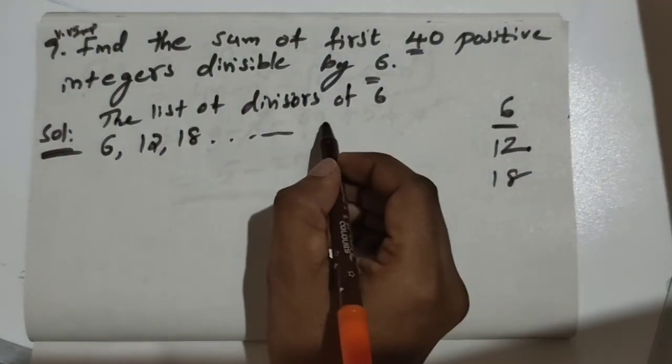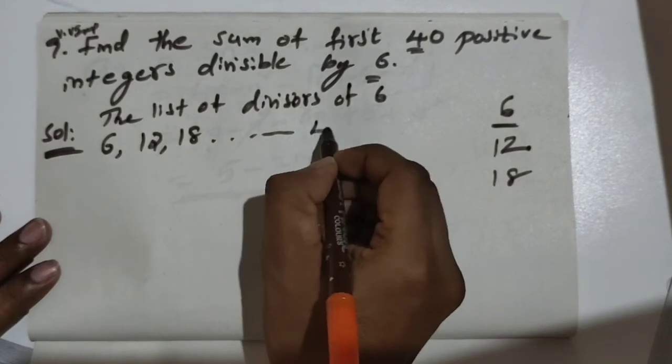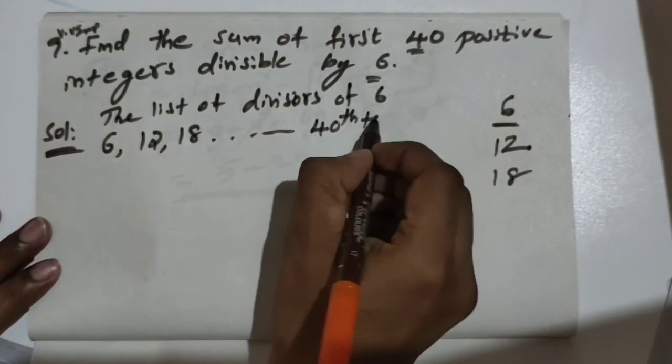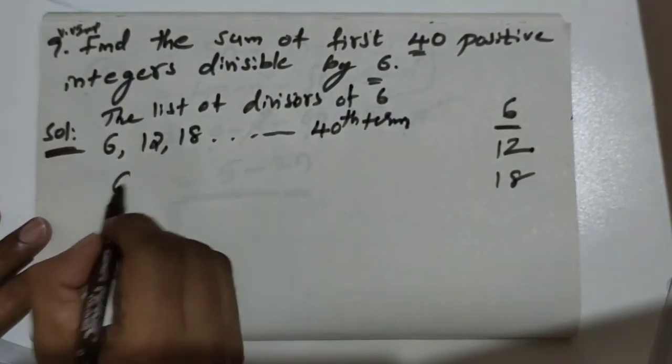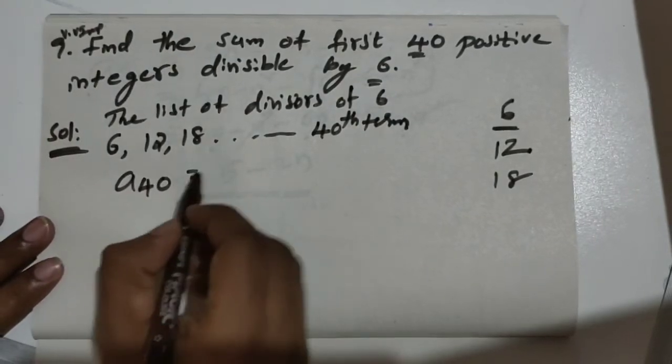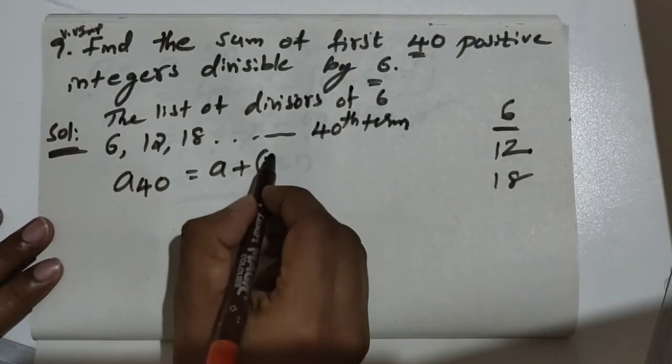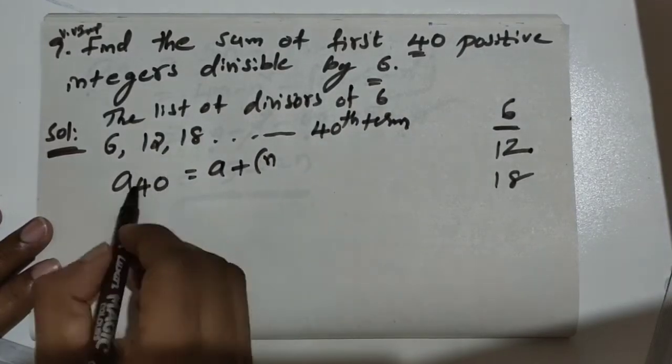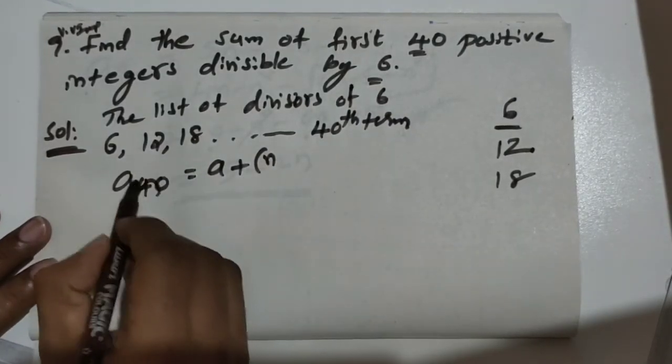So here we have to get the 40th term. How can you get the 40th term? Simply by applying the an rule. By the an rule we simply get the a40.